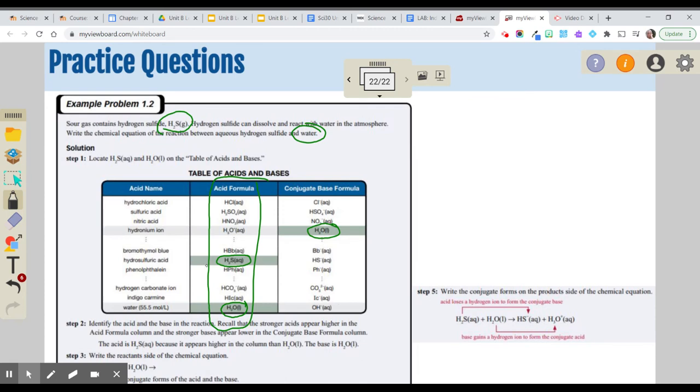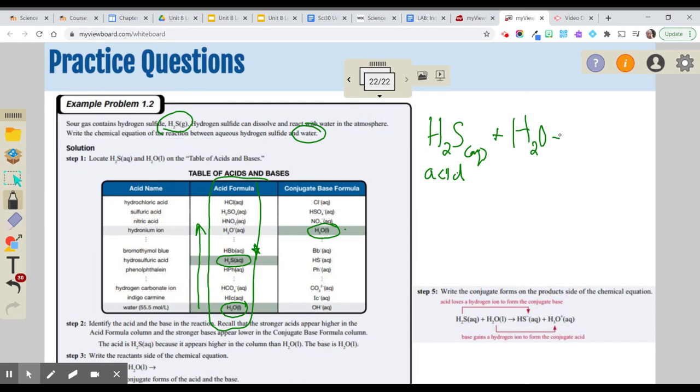So, which one's the strongest acid? Well, strong acids are always near the top, so our strong acid is going to be the one that reacts. So H2S is going to be our acid, H2S aqueous. Then we're going to react it with our water, which is our base, H2O.